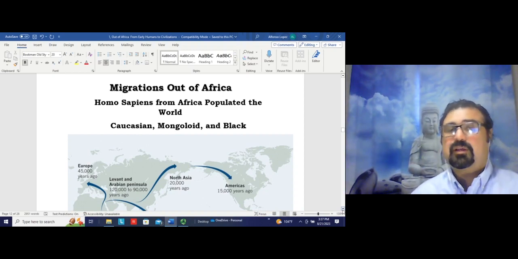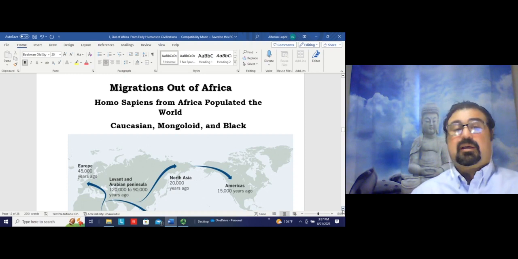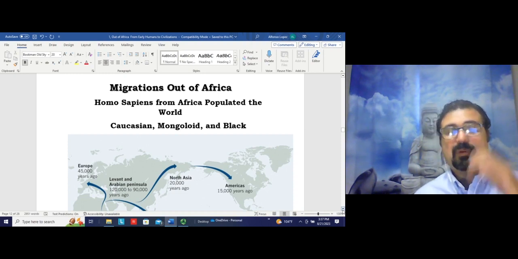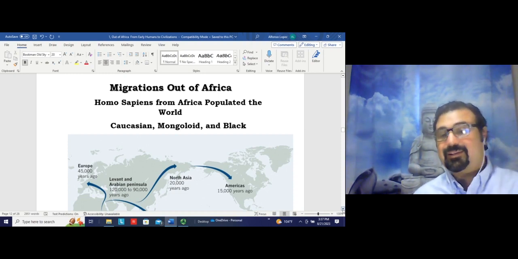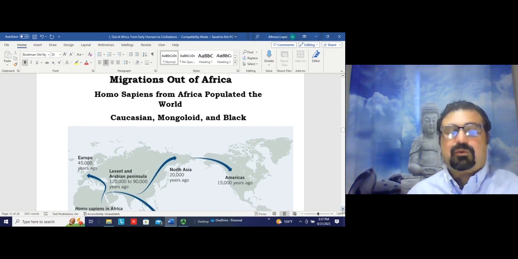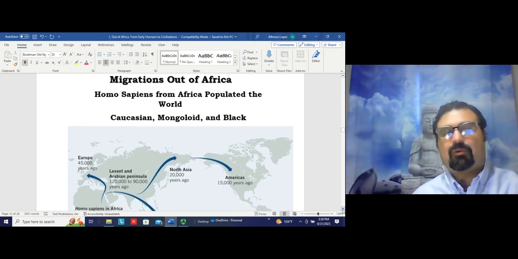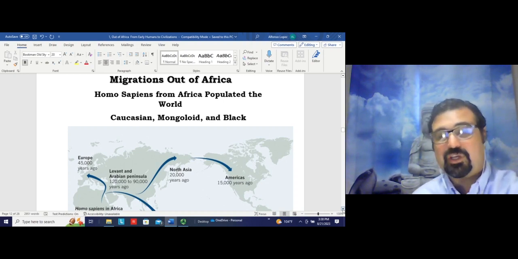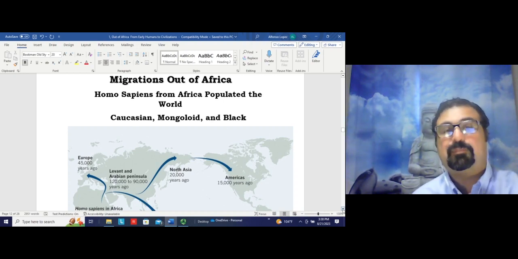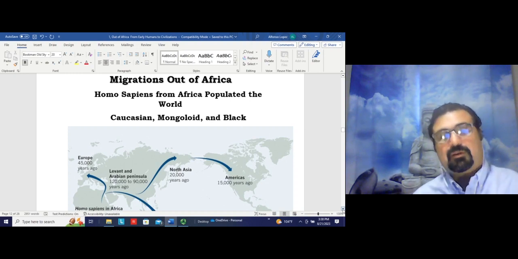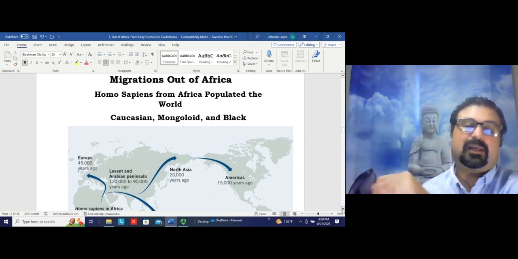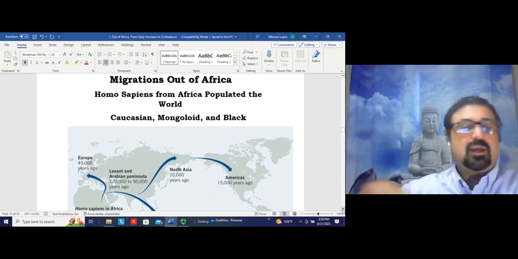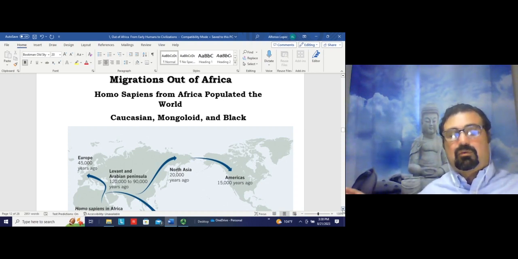Homo sapiens that came from East Africa are going to step out of the continent to populate the world, through a process of ongoing migrations caused by climate change, by environmental change, by food scarcity that pushed them out of the continent, pursuing wild game in different parts of the world, and they're going to inhabit the entire planet.